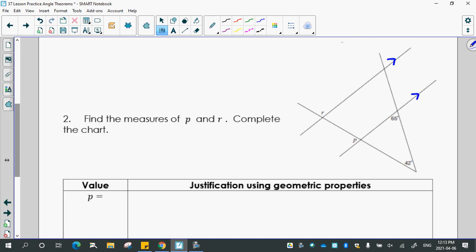Anyone have an idea? Bit of a stinker, this one. Anyone have an idea? Anyone?